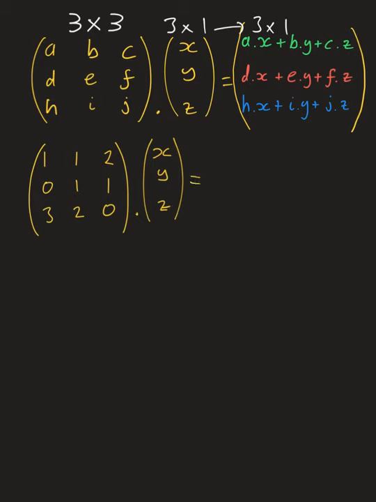So let's put in some numbers. Our first element comes from the first row and the column. So it's 1 times x plus 1 times y plus 2 times z. Our second element is going to come from the second row, and that one column is going to be 0 times x plus 1 times y plus 1 times z.